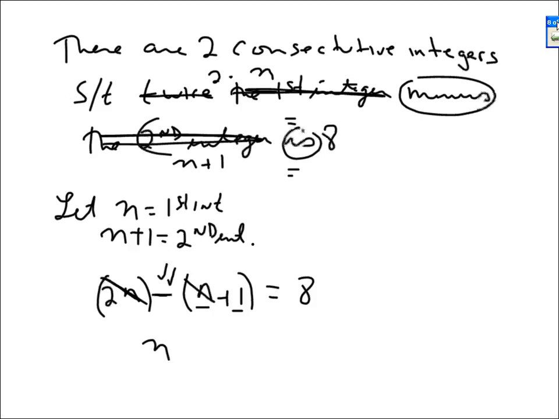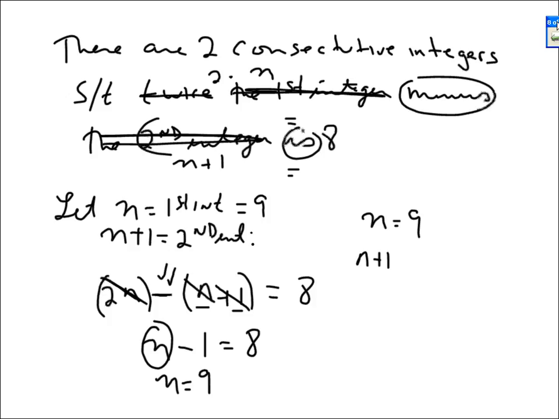But you also have to take away the 1. Leaves you 8. This is 9. 9 minus 1 is 8. N is 9. So the first number is 9, and the next number is 10.